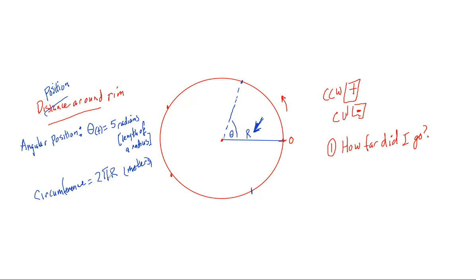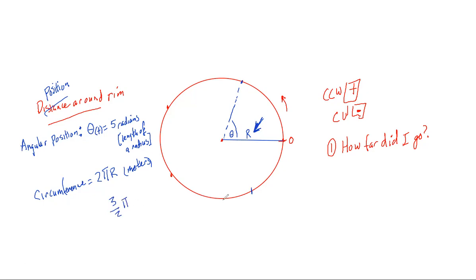And then we have to consider what fraction of the full circle we are going around. This is the total, right? And I might consider that I'm at 3/4 of that because I'm at, for example, 3/2 pi.